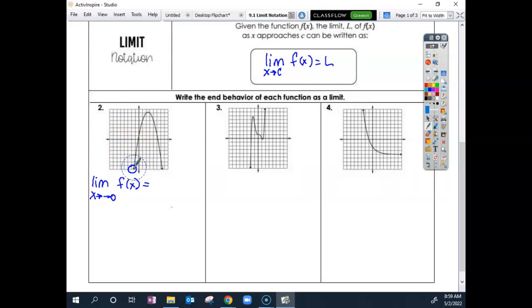Is it getting bigger or smaller? Smaller, so it's going to negative infinity. And the limit as x approaches positive infinity, so my x's are getting bigger, what's happening to my y values? They're also getting smaller.